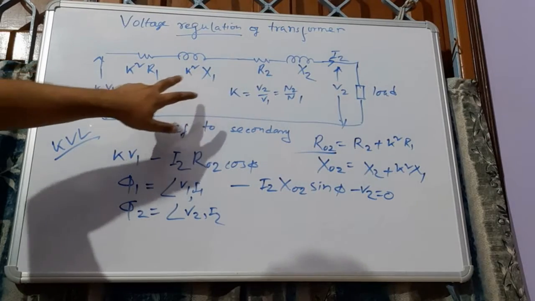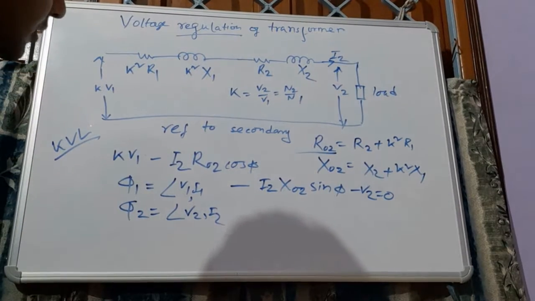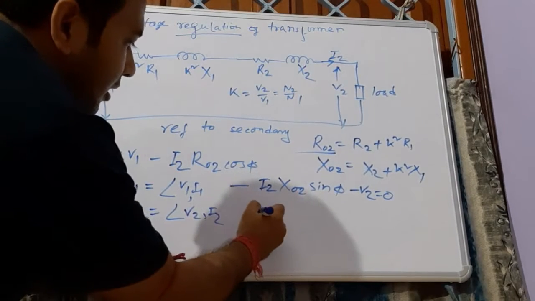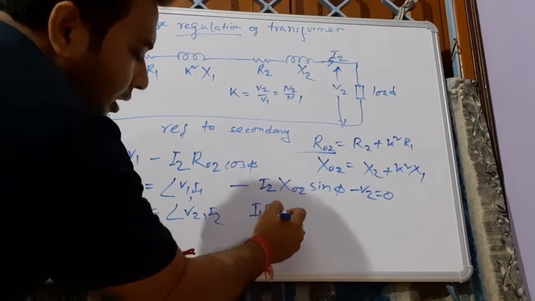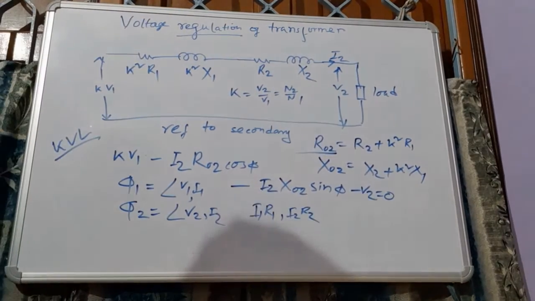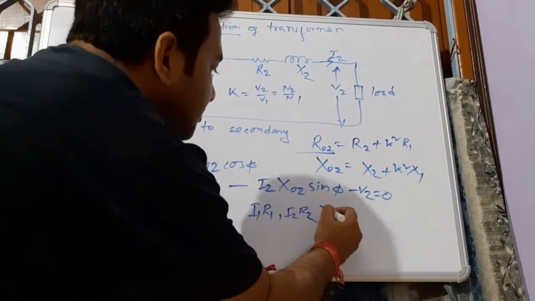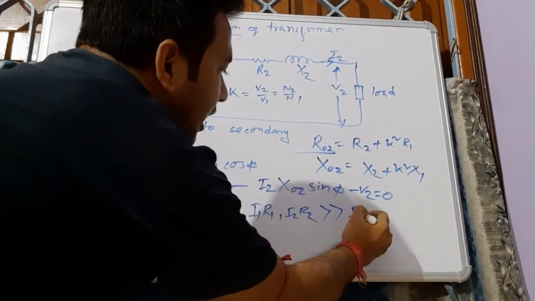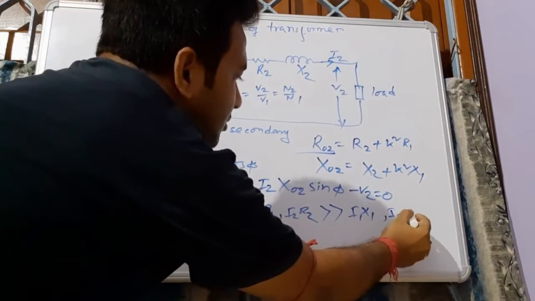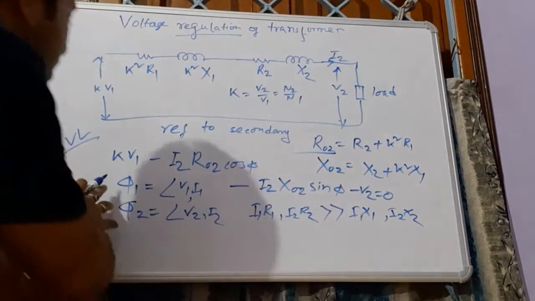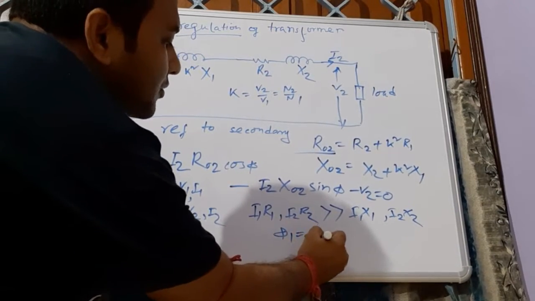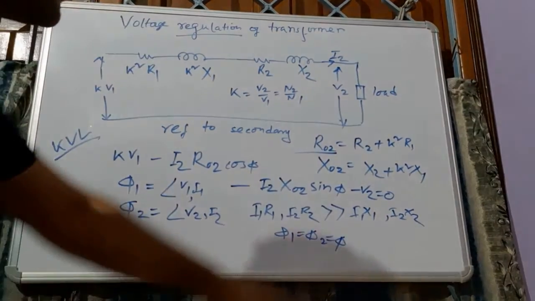As the drops I1 R1 and I2 R2 are much greater than I1 X1 and I2 X2, then the power factor angle phi 1 equals phi 2, we can take as phi.